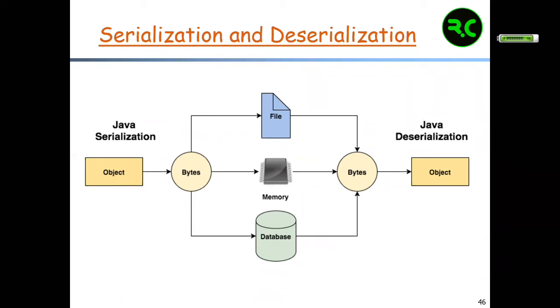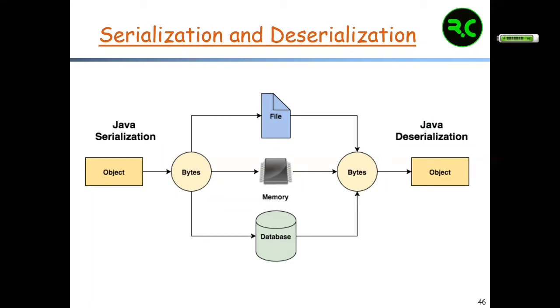That is going to be written either into a file, if it is a file output stream, or into memory if it is some variable to be stored there, or into a database according to the stream I have mentioned, and that is going to be stored in my file as an entity.